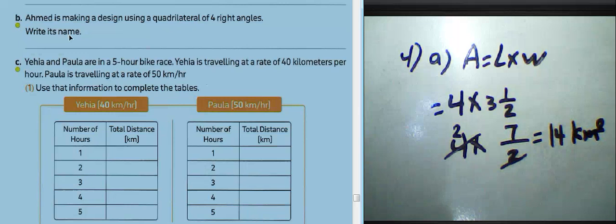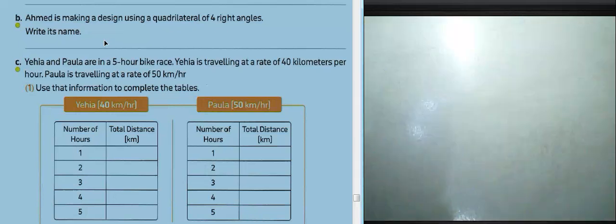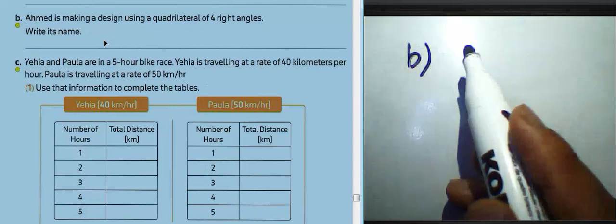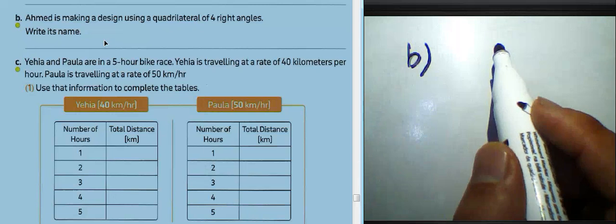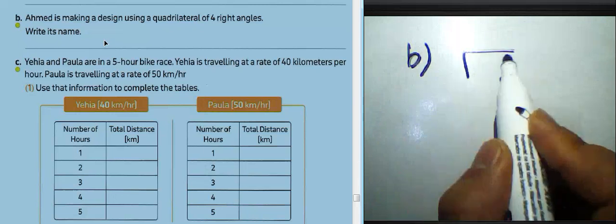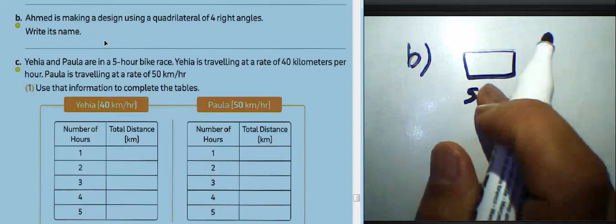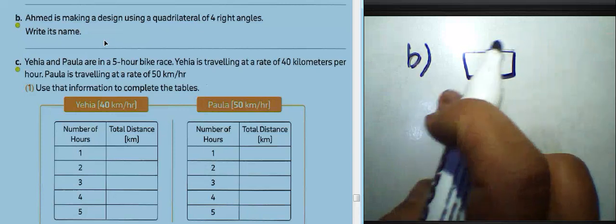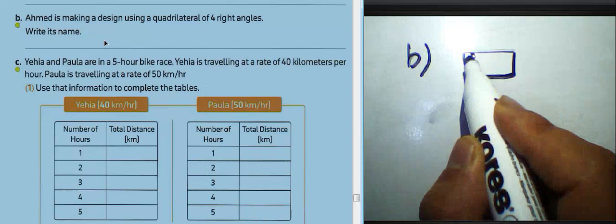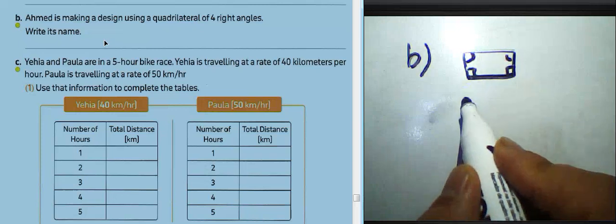What is the name? Using a quadrilateral with 4 right angles, we call it a rectangle. Okay, it's a rectangle. Again, letter B. If all sides have equal lengths, it would be a square, but in this example he asked about the angle measure only, which means a rectangle.